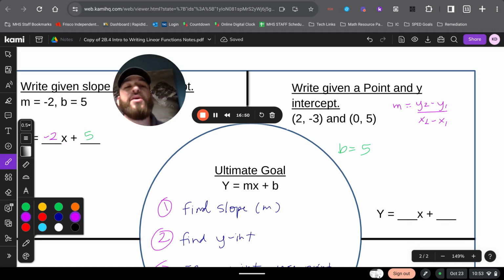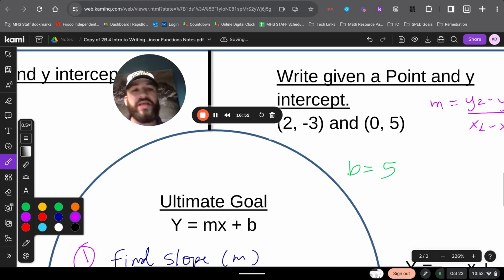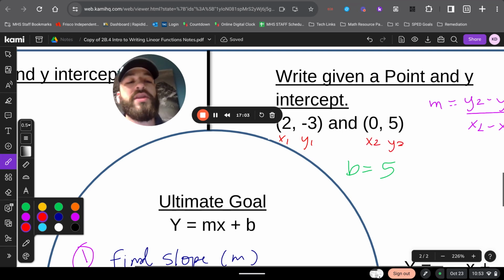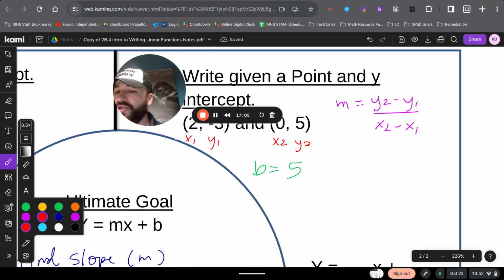Okay. And so anytime we're given a point, we can take any of these 2 points and call them x1, y1 and x2, y2. So let's just go ahead and say first point is x1, y1 and second point is x2, y2. And then we're going to plug that into our slope equation here.